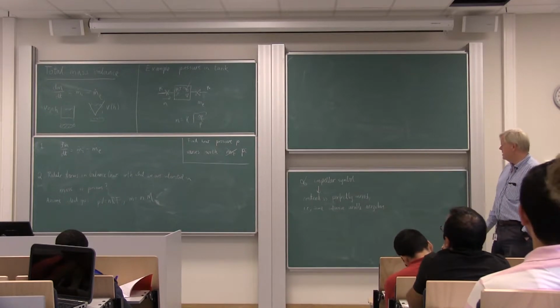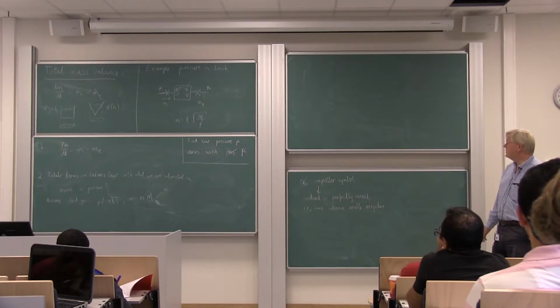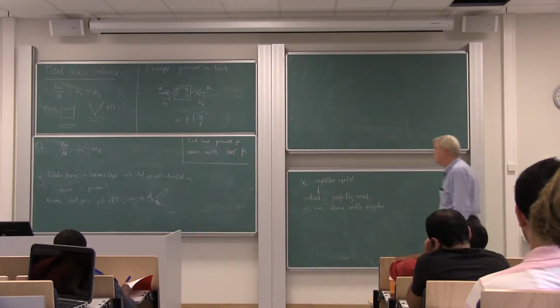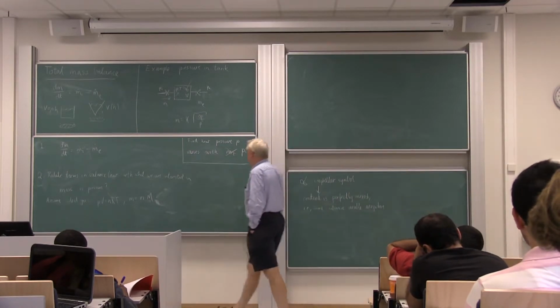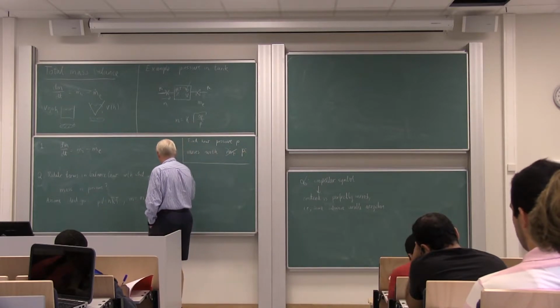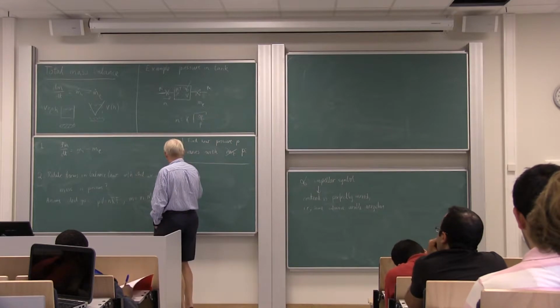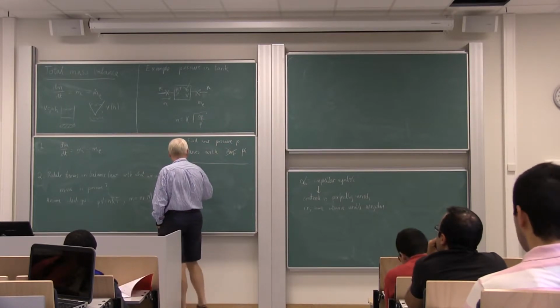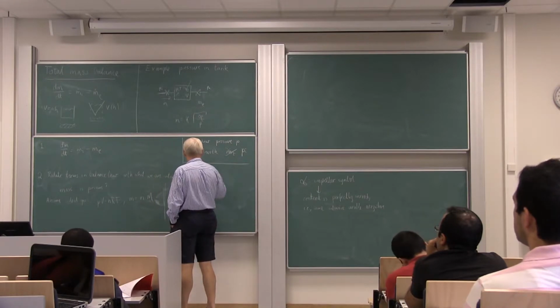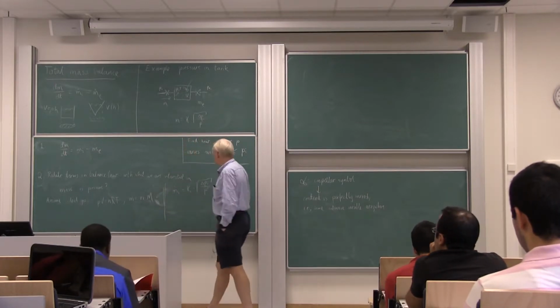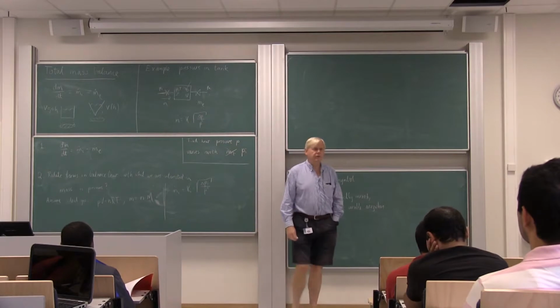Next, we also need to relate the flow rates to the information we have. So we have mass flow in equals some valve constant Ki.